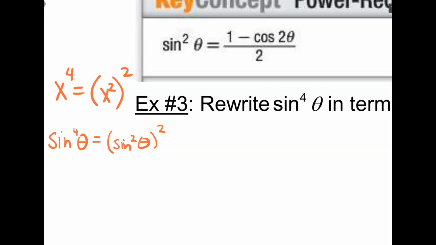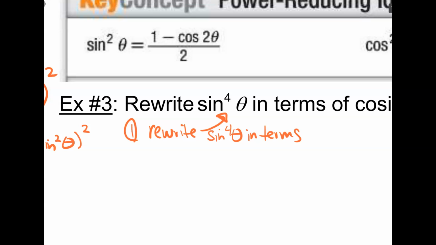So that's the trick, is we're going to rewrite this in terms of sine. So first step is rewrite sine 4th theta in terms of sine squared theta to some power. Trick play, we already did it.